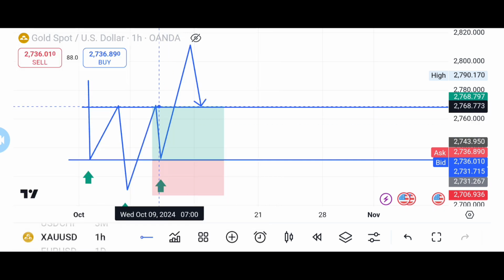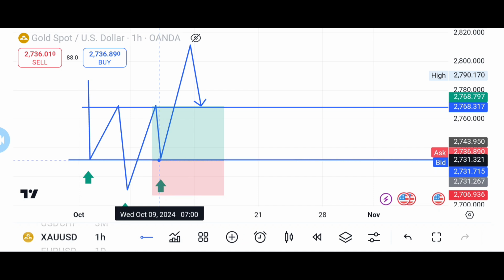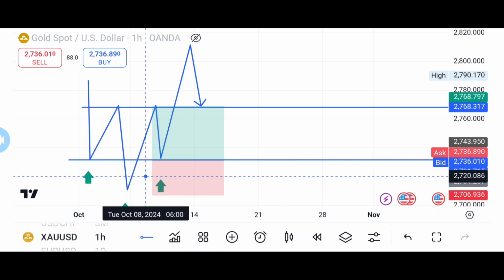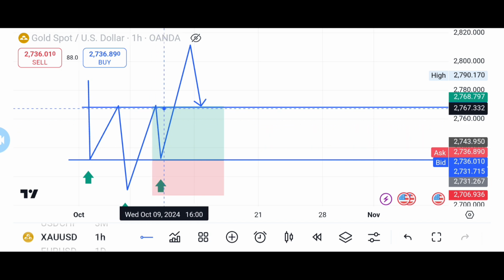So if you are an aggressive trader, you place your entry at the left shoulder, the stop loss at the head, and TP1 at the neckline. Are we together?